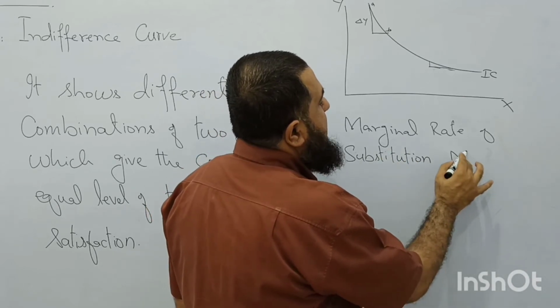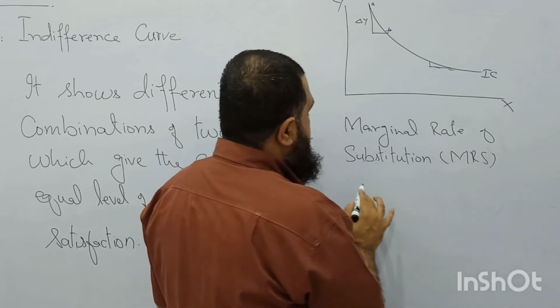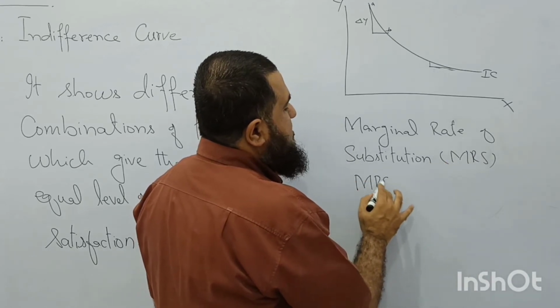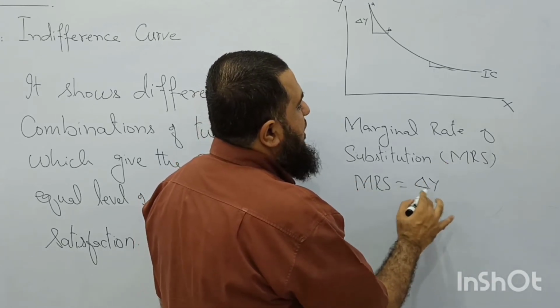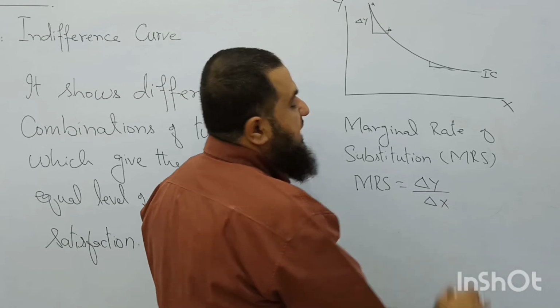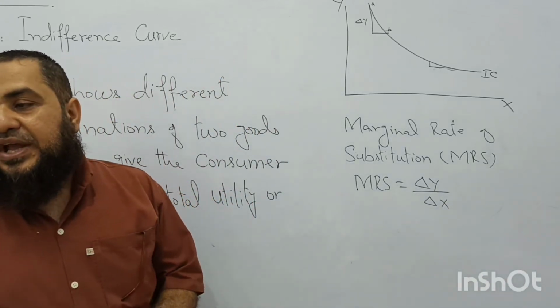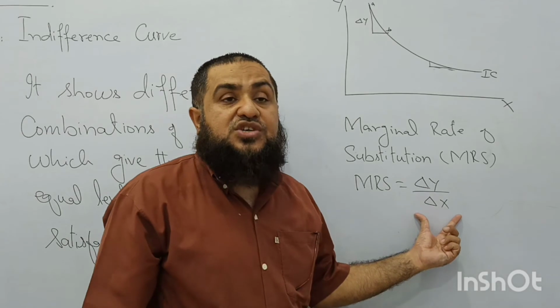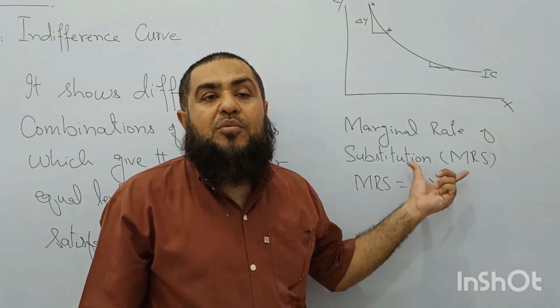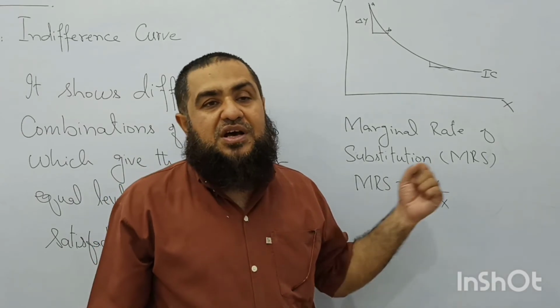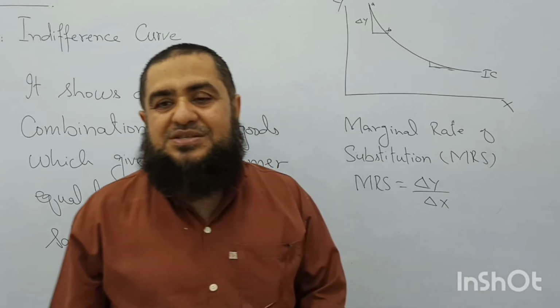It is called MRS. What does it mean? MRS means change in Y over change in X. In order to get an extra unit of X, how many units of Y are given up? What is the meaning of MRS?